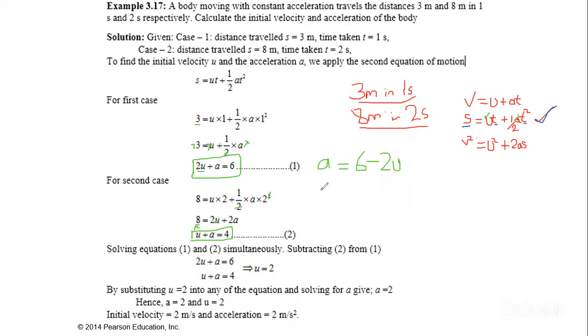Now, in the second equation, u plus a equals 4, instead of a, I will put in 6 minus 2u.